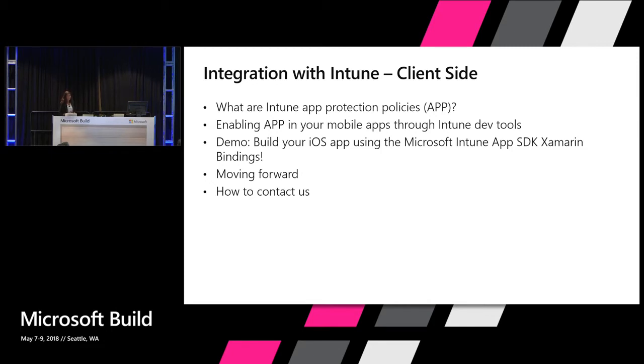We have something called the Intune App Wrapping tool, which is more targeted to IT admins who don't necessarily have access to the source code, but do have the right signing credentials in order to be able to do this. And then we have the SDK, which requires a little bit more access to the source code and a little bit more work, alongside the Xamarin bindings, which are specifically targeted to Xamarin-based apps.